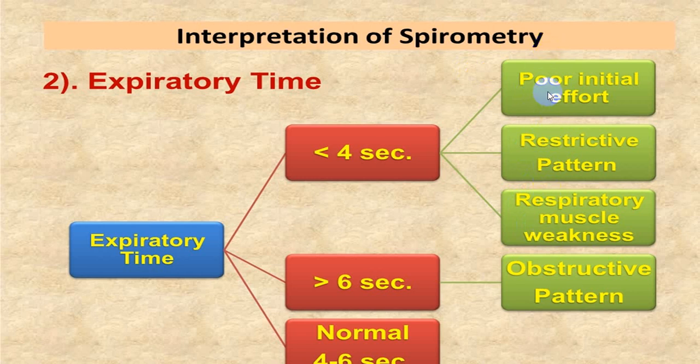Mainly poor effort should be ruled out, and if the person has been exhausted, that should be ruled out. If he is taking more than 6 seconds, it is more in favor of an obstructive pattern, and if he completes from 4 to 6 seconds, it is considered normal.